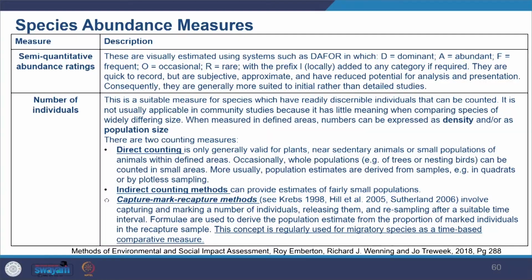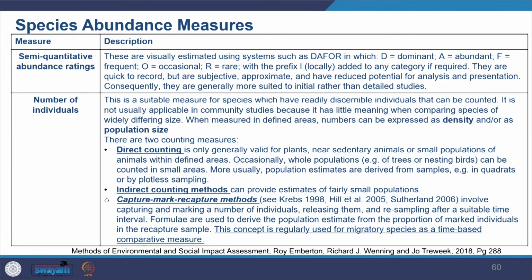So here we can see that there are some measurement systems available. There is the semi-quantitative abundance rating, in which you have a visual estimation system. So you visually estimate, and it is also called DAFOR, in which D is dominant.